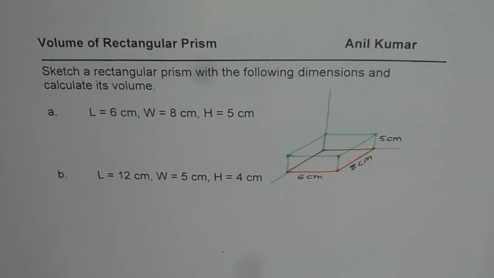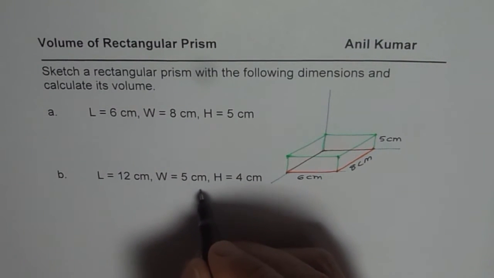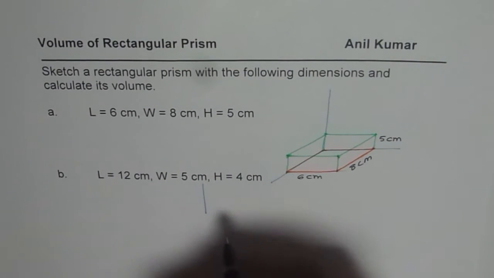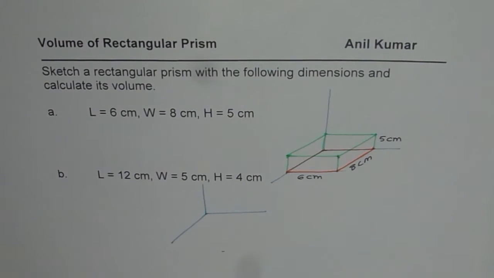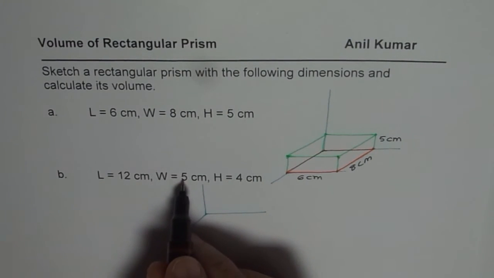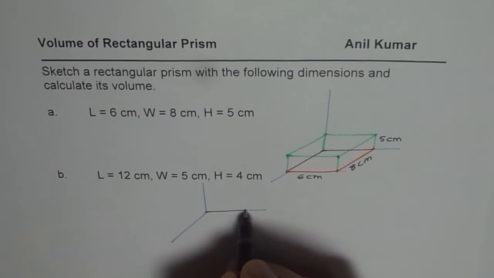Let us do this exercise once again to sketch the other one. The idea is to make one axis like this, the other one kind of like this. That is the corner of my wall. Now we are purposely taking two different things. The length is 12, and the width and height are smaller in this, so let's take a long length of 12.